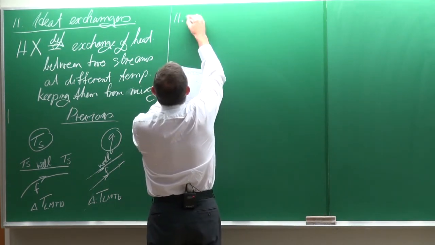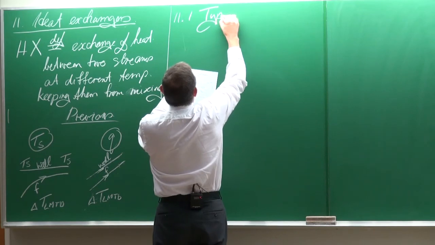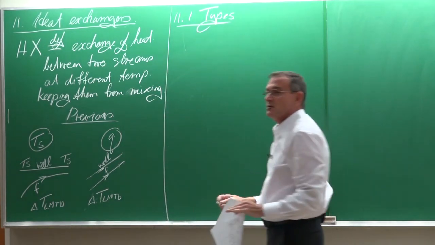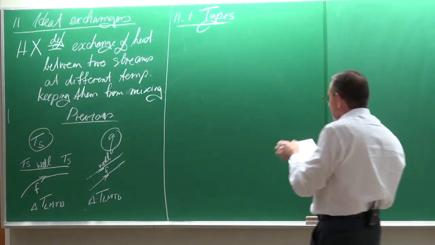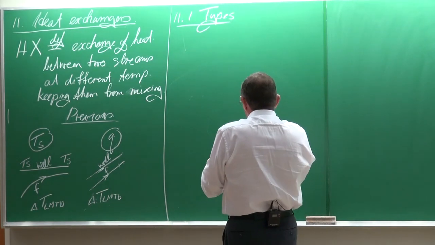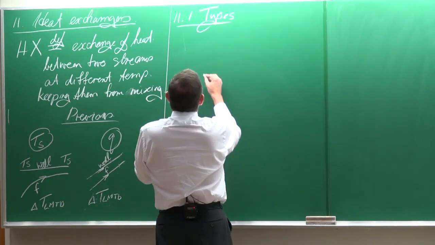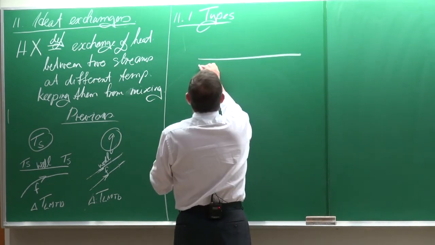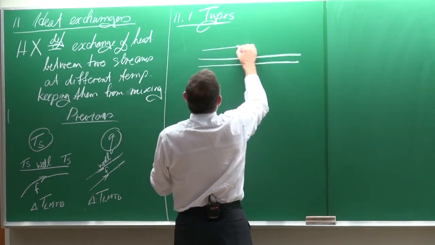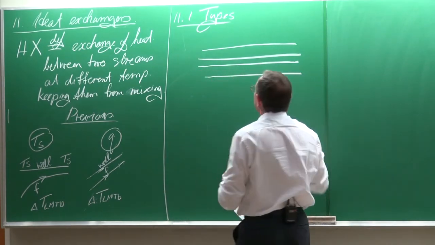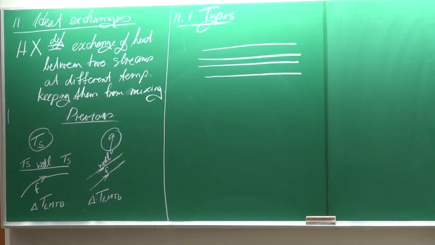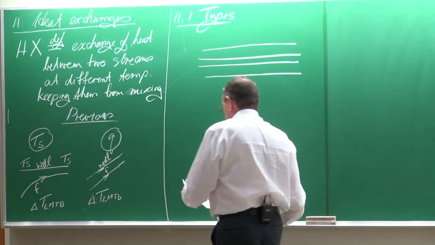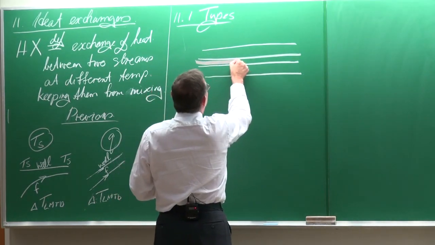Right, now there are different types of heat exchangers, and we are going to discuss them shortly, and I'm just going to discuss some of the most important ones. Definitely not all of them. So the simplest type is called the tube-in-tube heat exchangers, and with that we normally have one circular tube inside another circular tube, where now I'm going to use the red chalk and the blue chalk to identify the hot stream flowing through there.